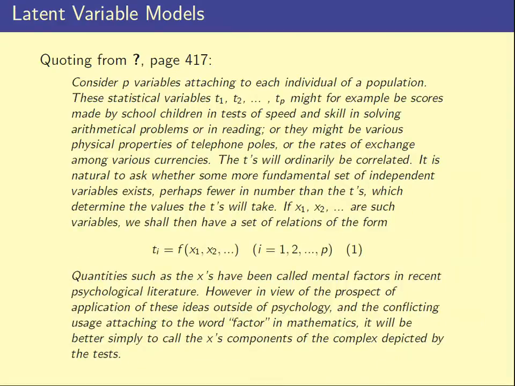At the time, people are interested in factor analysis, and they're interested in trying to understand intelligence. What is factor analysis? A good example is intelligence. Factor analysis was an idea that came out of the social sciences, which says, for example, that your intelligence or your personality is made up from some underlying factors.